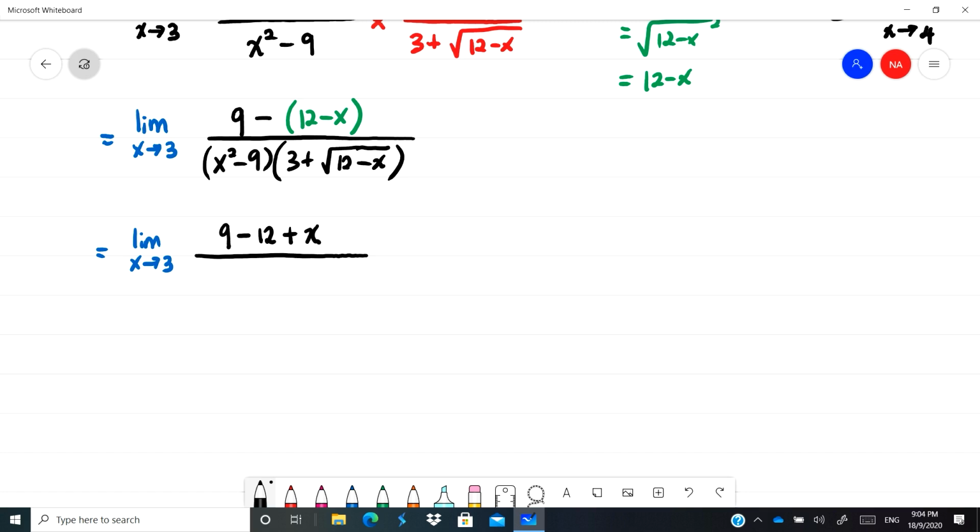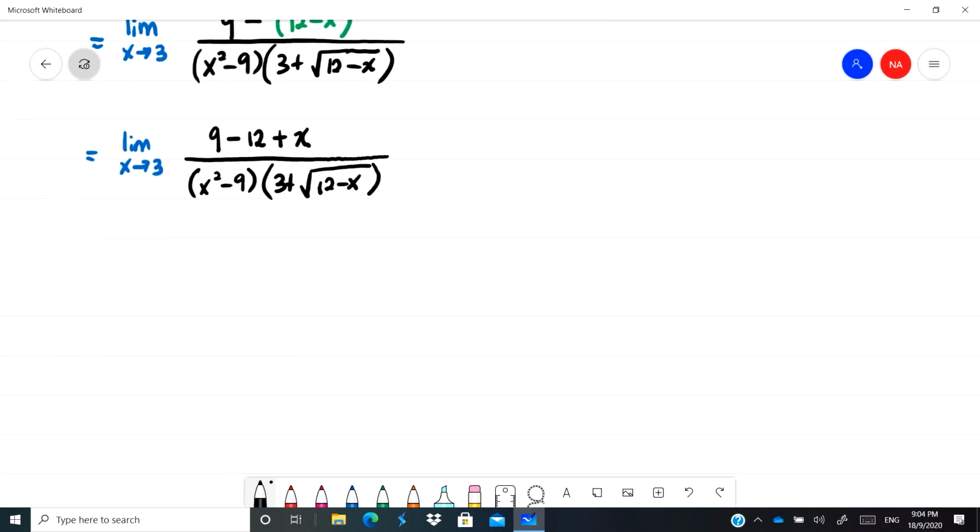The one at the denominator, you just copy them without doing anything. You don't have to expand them. You're looking for trouble if you expand them. So 9 minus 12 will be negative 3, so it's actually x minus 3 in that case.